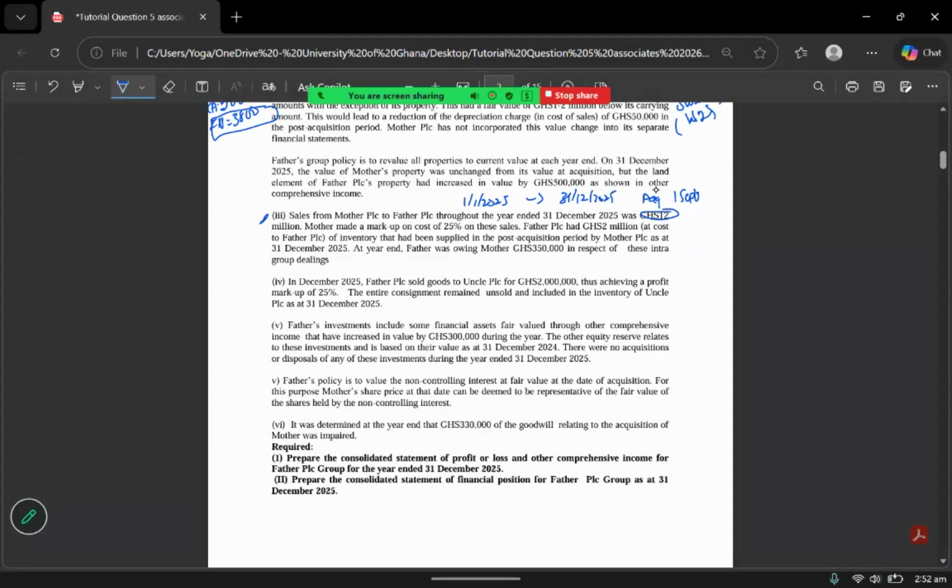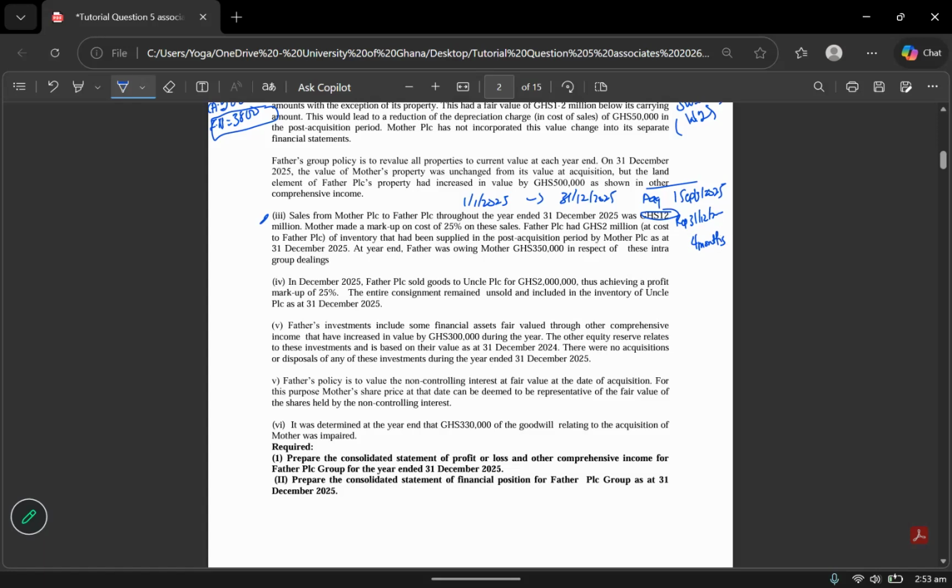But then the acquisition date was 1st September 2025, and the reporting date is 31st December 2025. So September, October, November, December, 4 months.